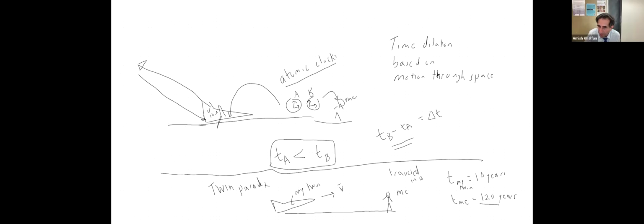What's more is the faster that average speed, the greater the traveling into the future, right? So maybe instead of 120 years elapsing for the earthbound clock, 1,000,000 years can elapse. There's a scenario where that could be true, but the speed would have to be appreciably high, like very close to the speed of light, okay? If you can go at this very high speed, that's very difficult to attain engineering wise, and you come back, it's possible that 1,000,000 years have passed on Earth.